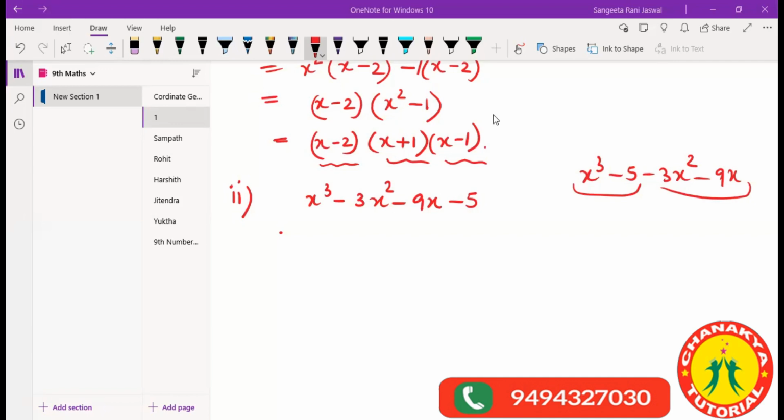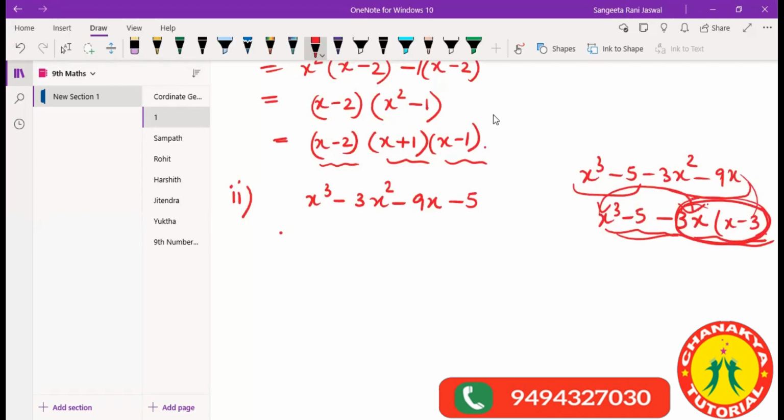No, na? ठीक है, x cube and 5 में you have nothing common to take out. Ma'am, and 3x and 9x, we have 3x common. x minus 9. x minus 3, yes, ma'am. So you have nothing in common overall. Ma'am, then we can take x cube and 3x as common? How can I take this common? This is a complete term. 3x square is not an alone term. Okay, this is a complete term.